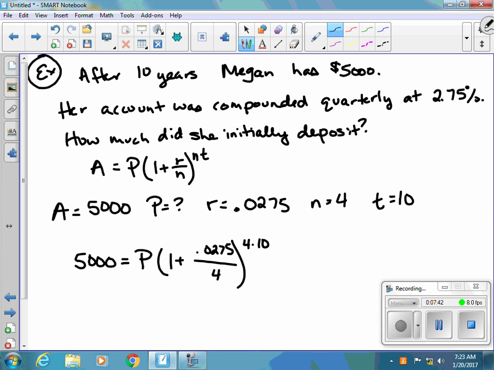So I'm just going to go ahead and simplify that, 1 plus 0.0275 divided by 4, and take it to the power of 40. This is going to give me a better idea of that number in order to get P alone. So we've got 5,000 equals P times, I'm going to round this to 1.3153.